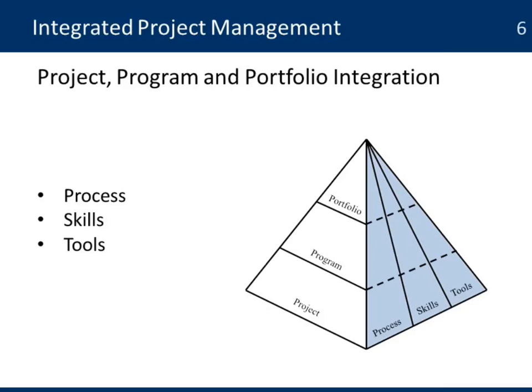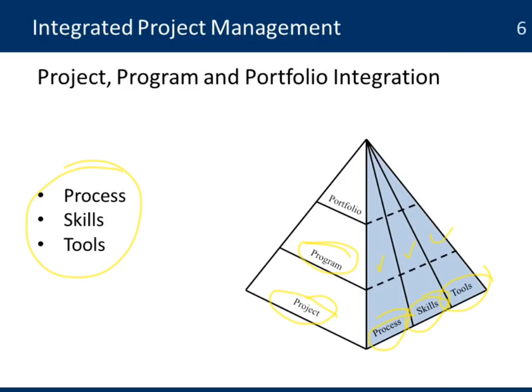The view of project, program, portfolio integration also takes into consideration the use of the different processes, skills, and tools. At the level of the project, we know that there are certain processes, skills, and tools that are going to be used. They are part of the project management methodology. But the same thing happens at the program level. There is also a level of processes, skills, and tools that are needed.